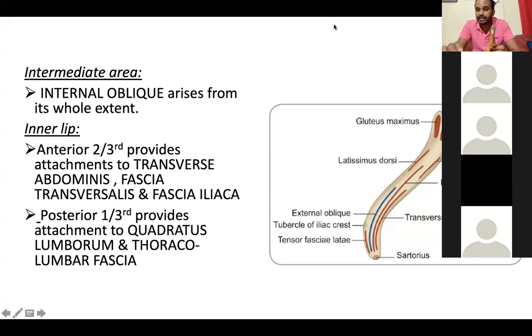So this anterior wall of abdomen is made up of three muscles, from outside to inside: external oblique, internal oblique, transversus abdominis. Is it clear?